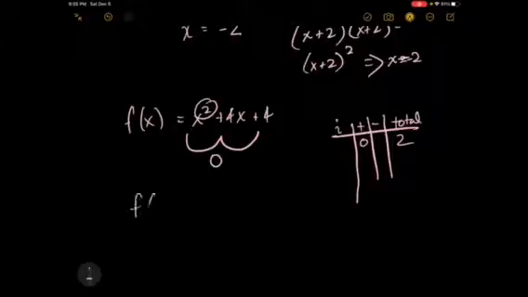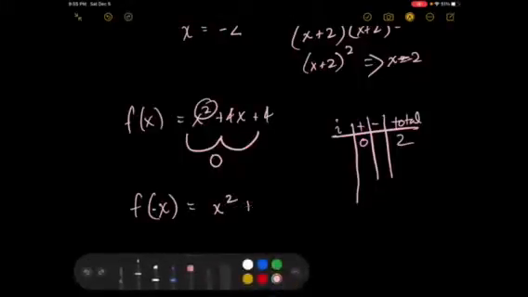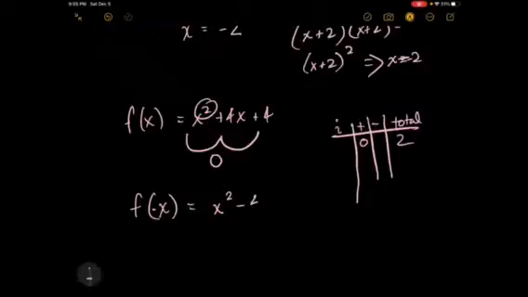And let's plug in f of negative x. Well, that's going to be x squared plus 4x plus 4, or rather, it's going to be minus 4x. So x squared minus 4x plus 4. That's going to be 1 sign change, and that's going to be the second sign change. So you can have a maximum of 2 negative roots, which leaves me with 0 imaginary roots, or 0 negative roots, which leaves me with 2 imaginary roots.